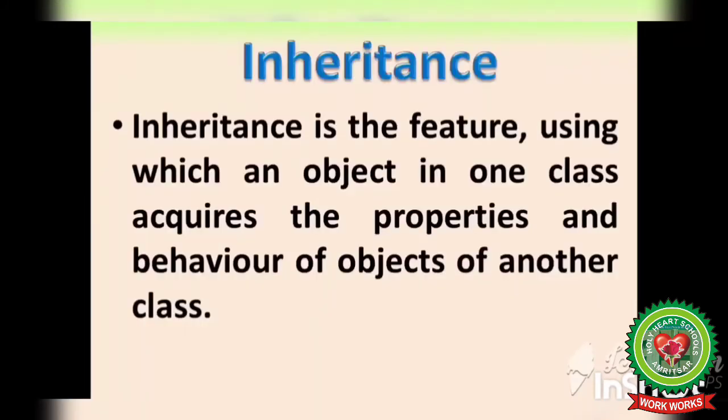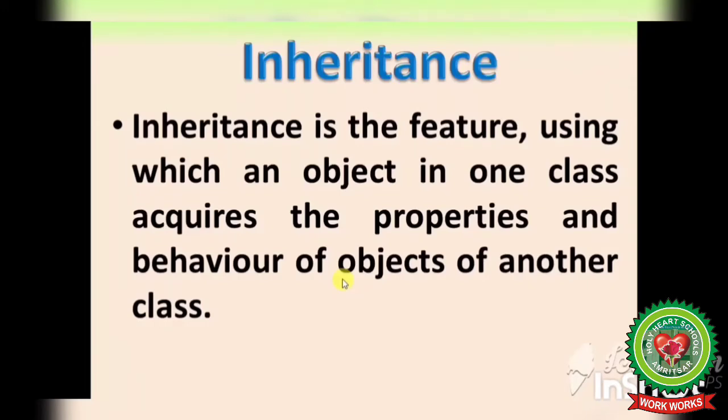The next thing is inheritance. Inheritance is the feature by which an object in one class acquires the properties and behavior of objects of another class, which means you can create new classes that are built upon an existing class and can reuse the methods and fields of the parent class.